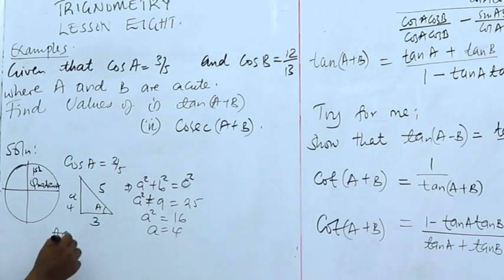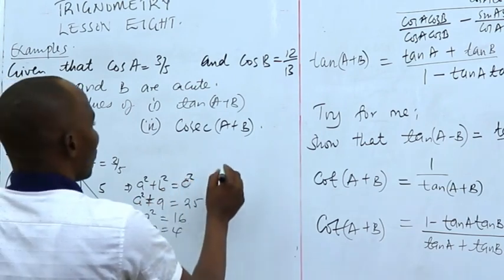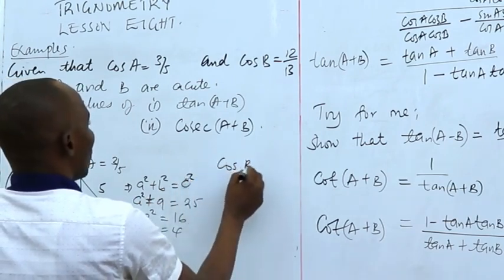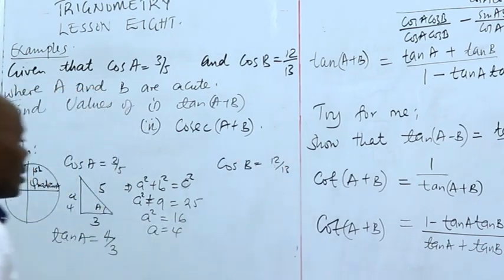We can get the value of tan A from here as opposite over adjacent. We also have cos B as 12 over 13.